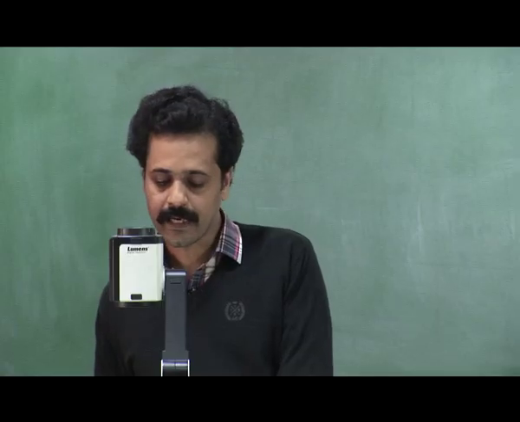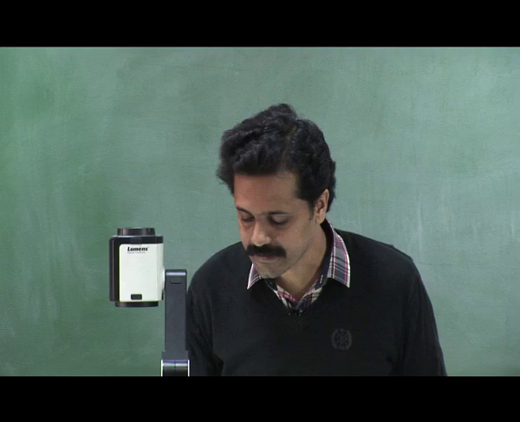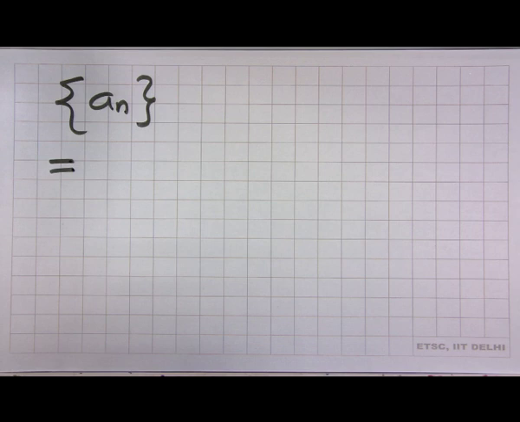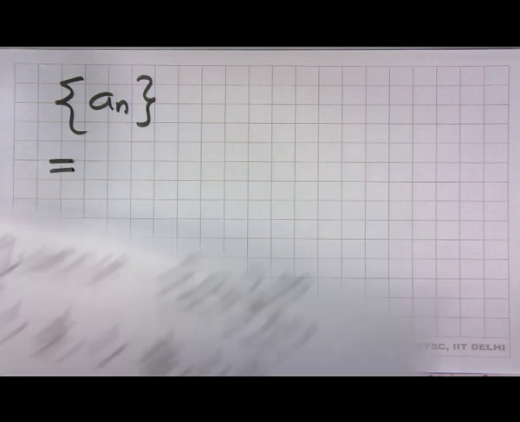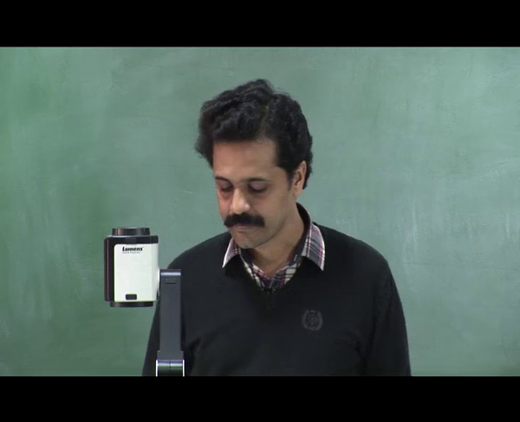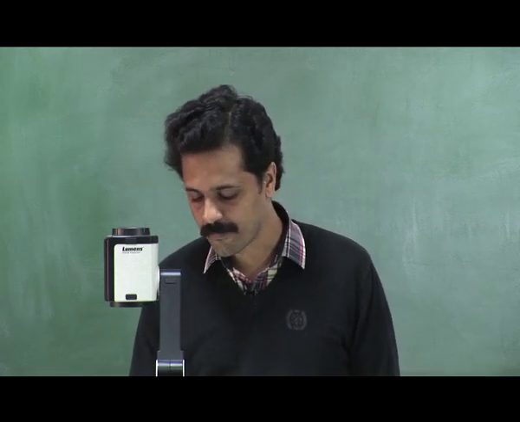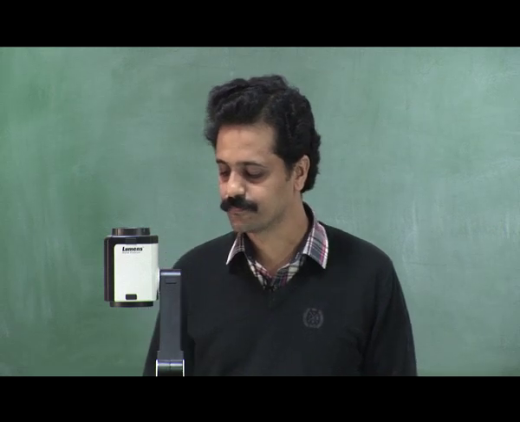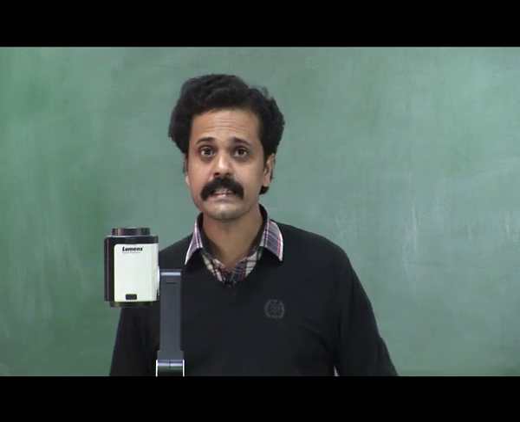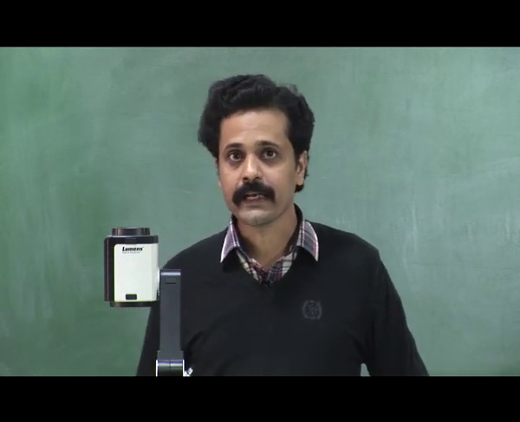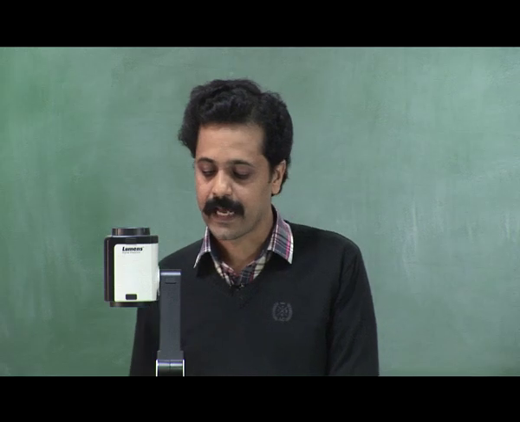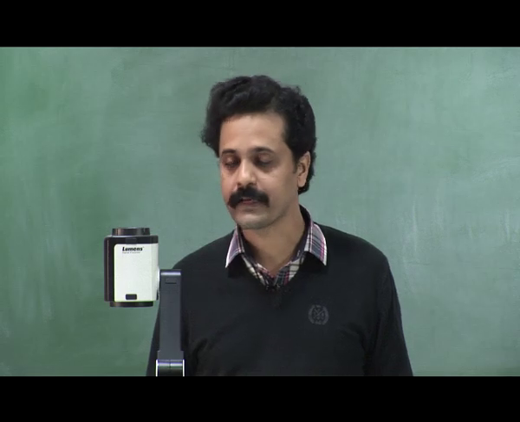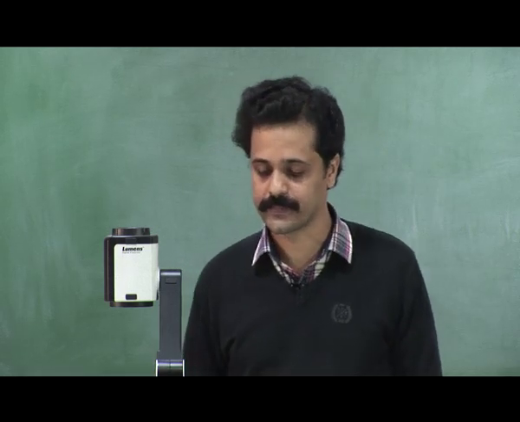Whereas the underlying set here, the set {a_n}, recalling that in a set we do not write the elements repeated, is just 1, 1 by 2, 1 by 3, 1 by 4, and so on. So in a sequence the element can be repeated, and in a set we do not write the same element repeatedly several times.